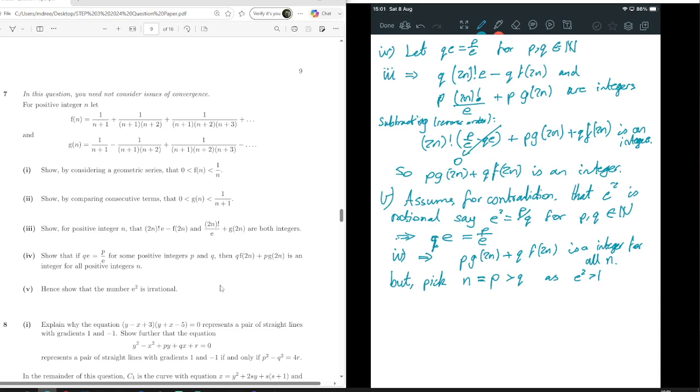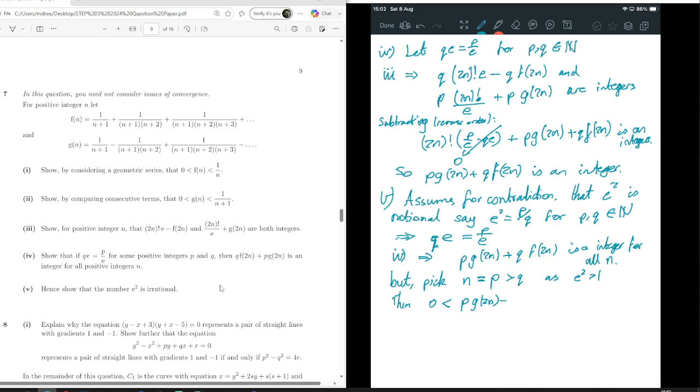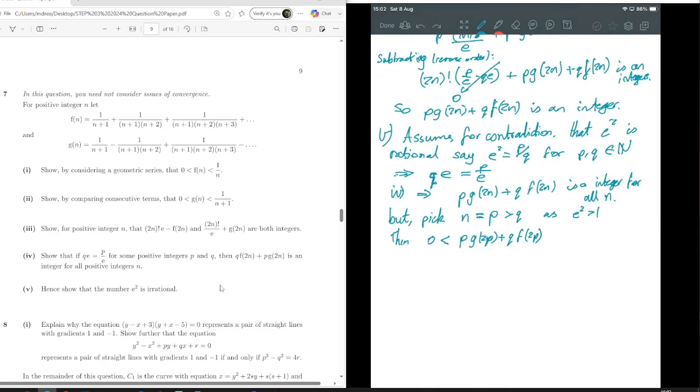So we know the numerator of this e squared has to be bigger than the denominator. Then we know that 0 is smaller than pg2n, 2p now, plus qf2p. And I basically want to show that this expression has to be less than 1, so we have an integer that's less than 1, which is of course impossible.